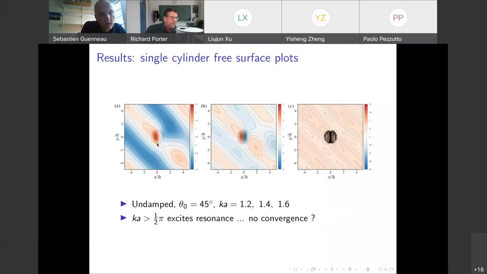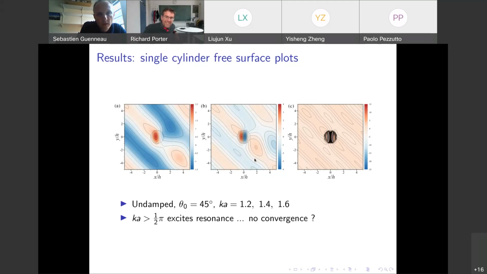The truncation of the system depends upon how much variation you see around the cylinder, so it's really like a Fourier mode. Here you might only need 8 or 10 modes, for example. But here there's a lot more variation as you go around the circle, so you need more modes, and here you need even more. So the answer is you need as many modes as you need to resolve the variation in the function.